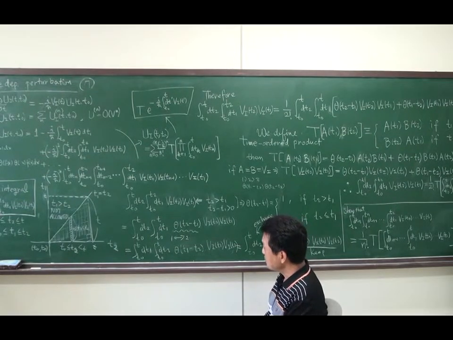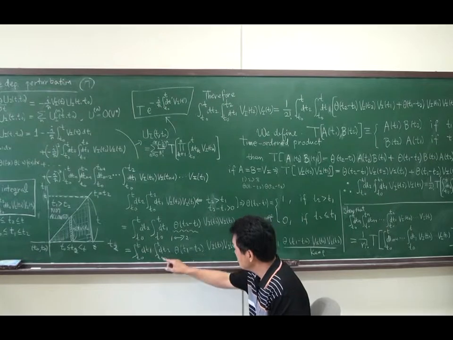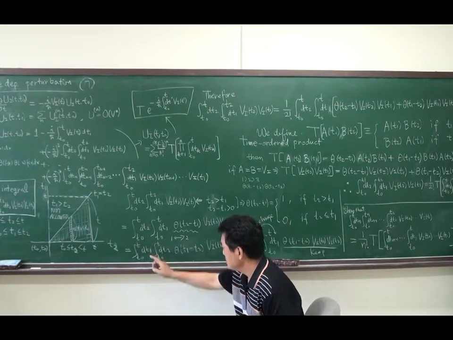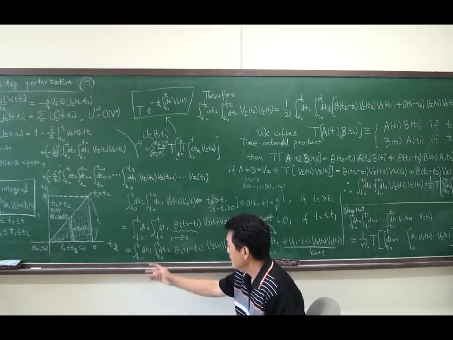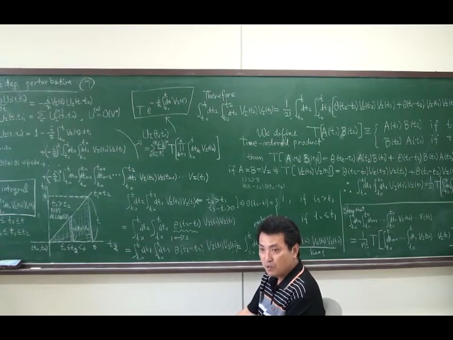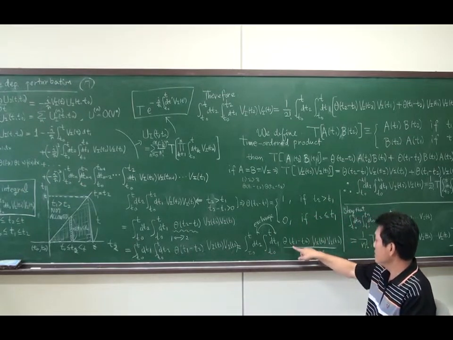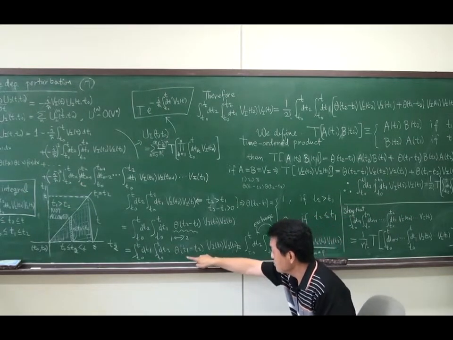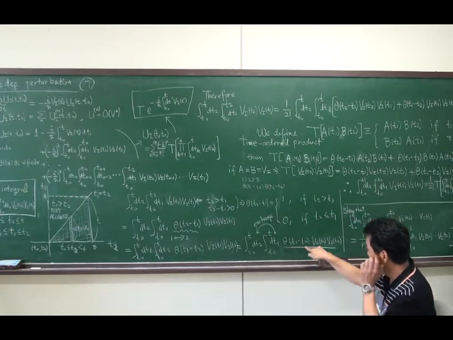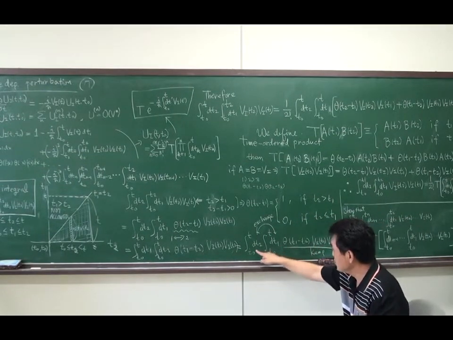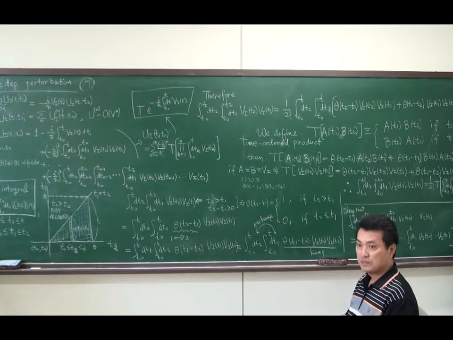Okay? Now the integral region is the same. I can flip the order. If I flip the order, then still the integrand is the same as the second one. But I exchange the order of integration. That doesn't matter.